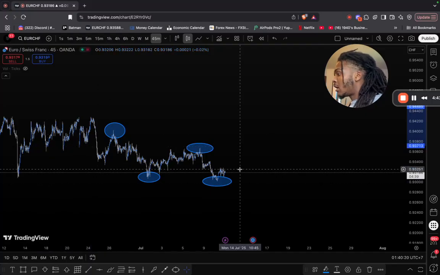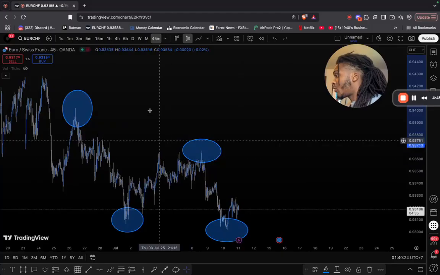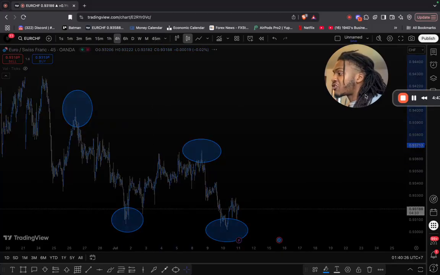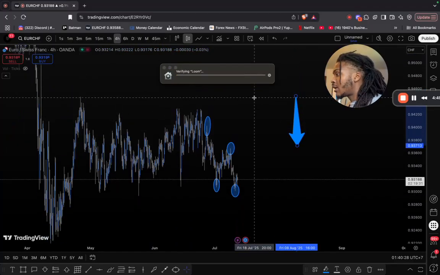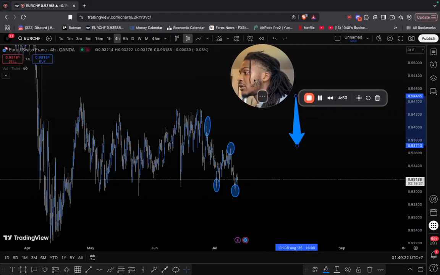So now that I'm bearish, what I would usually do is make sure on the 4-hour chart that I'm not bullish, but I am bearish now, so I'm not really worried about that, guys.